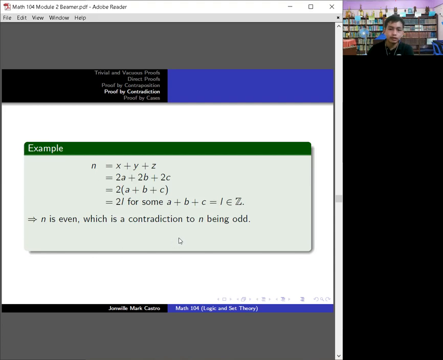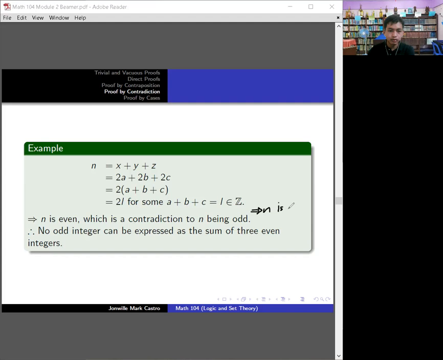Therefore, since napakita natin yung contradiction, we can conclude that no odd integer can be expressed as the sum of three even integers. Yung original na statement natin. Another way para masulat yung contradiction, so sa step na to, pwede nyo isulat na this implies that n is even.